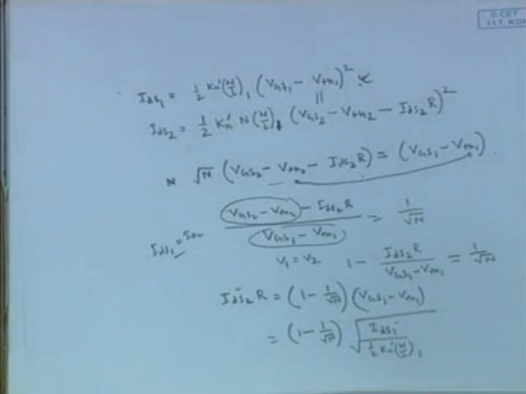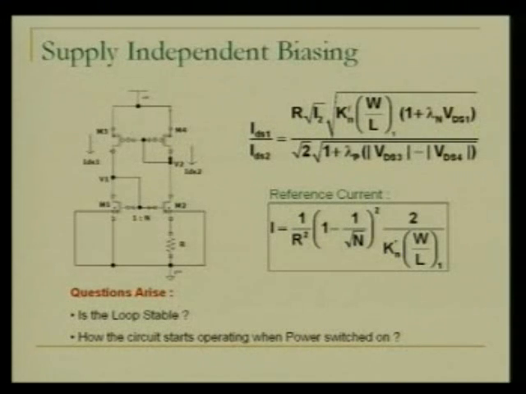But there is a question: is the loop at all stable, that is the first one, and the second one is how the circuit works when we switch on the power, how it will start working. One thing you can say is that if both the currents, IDS1 and IDS2, are 0, that is a solution of this circuit.